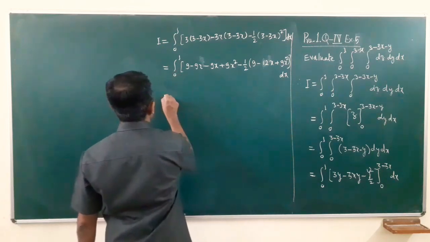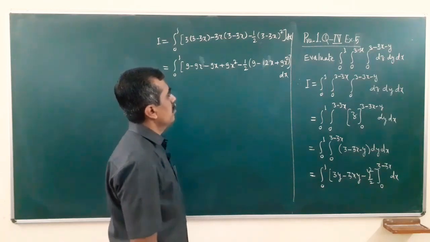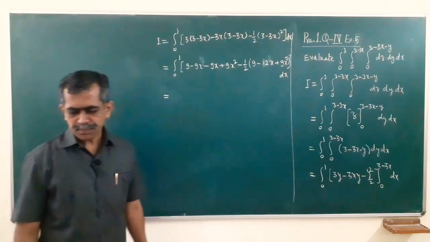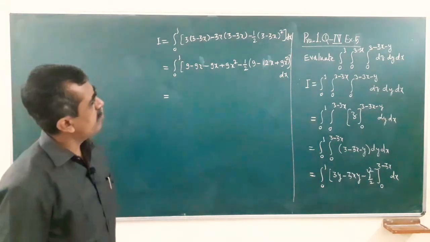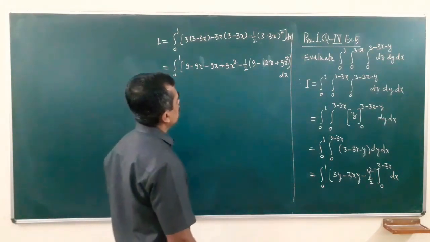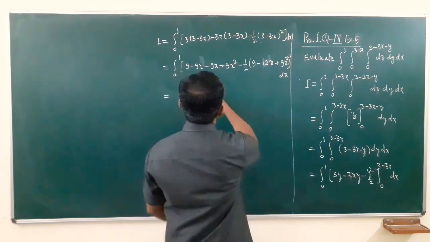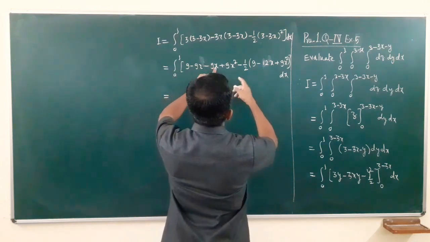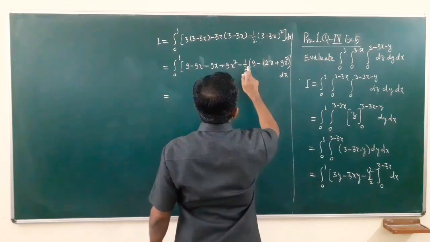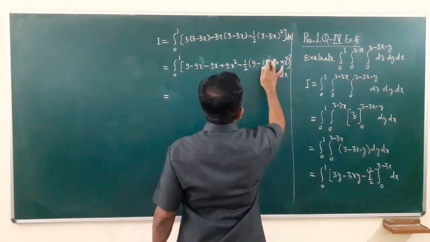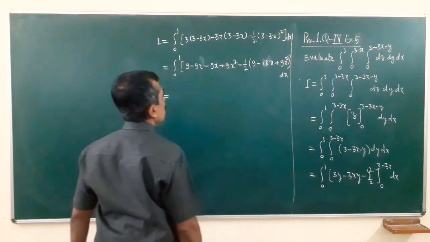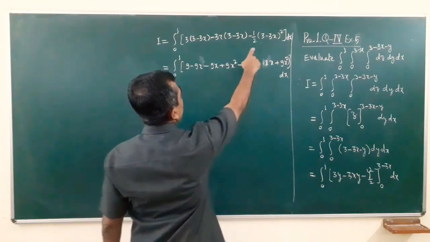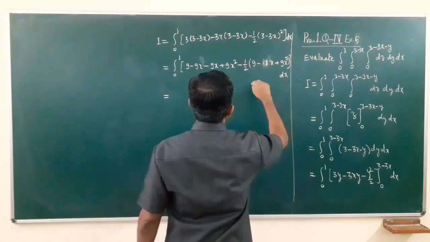So this equals, now you just do the simple calculations. Okay, so then what you will find is, so this 9 minus 9x and 9x, this should be 18x and this should be 9x square. 3 3s are 9, 9 2s are 18.